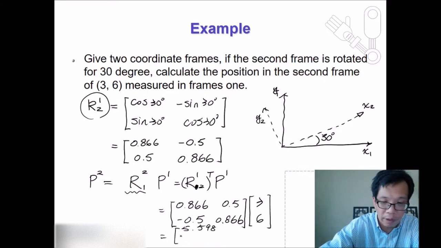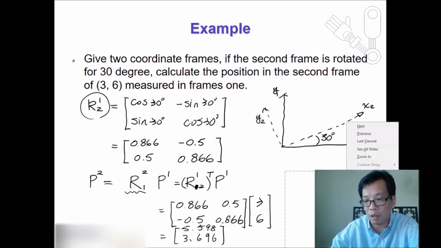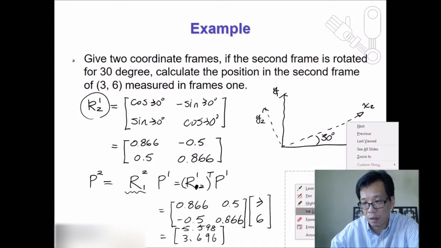So the answer for this one is going to be 5.598, 3.696. Okay, what does that mean in the two-dimensional representation? Let me change the color again.